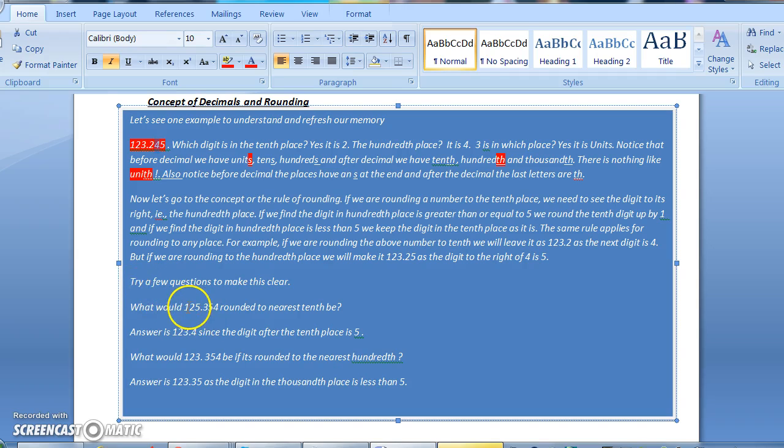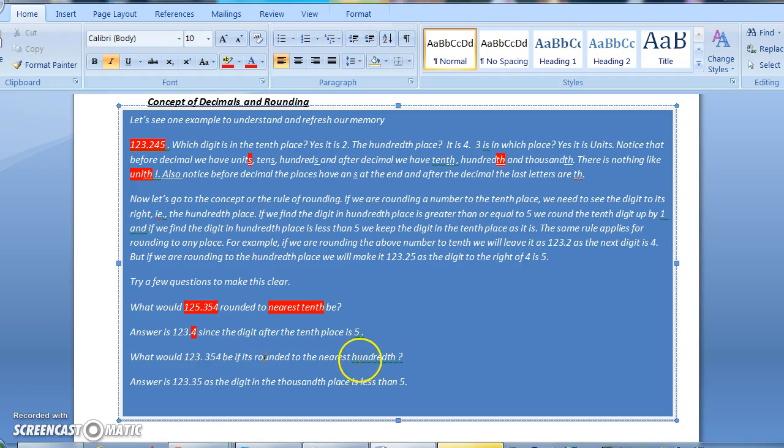So try out a couple of questions to make sure that you've mastered this. Let's say you have 123.5354 and you have to round it to the nearest tenth. What would be your answer? Go to the tenths place, which is 3. Look at the next digit, which is 5. Because 5 is there, we round 3 up and it becomes 4. Now let's look at this question.